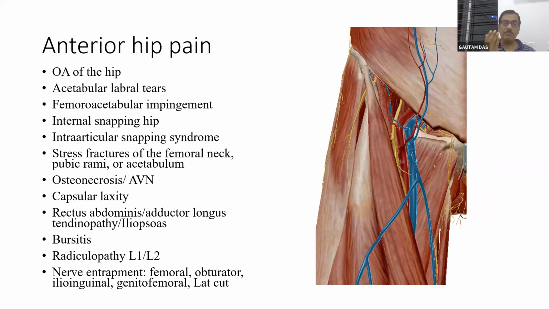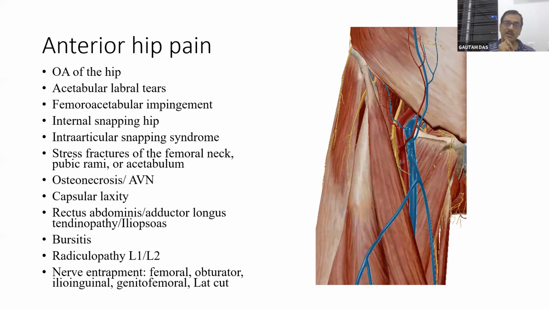And extra-articular can be divided into internal snapping hip and external snapping hip. Internal snapping hip means mostly the hip flexors, like the iliopsoas muscles. When the hip is flexed and extended, the tendinous part of these muscles is gliding over the bone, so it might be having some obstruction, and the patient might have the snapping sound and the pain.